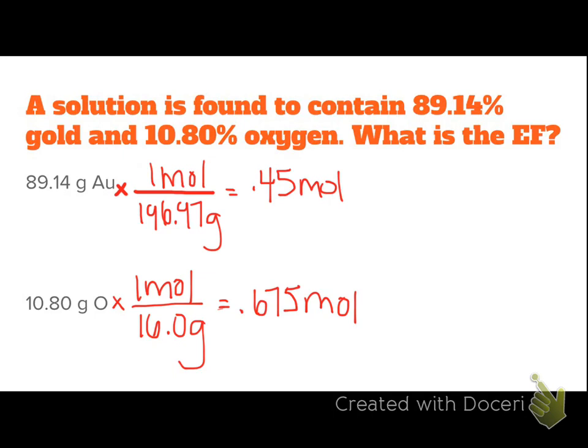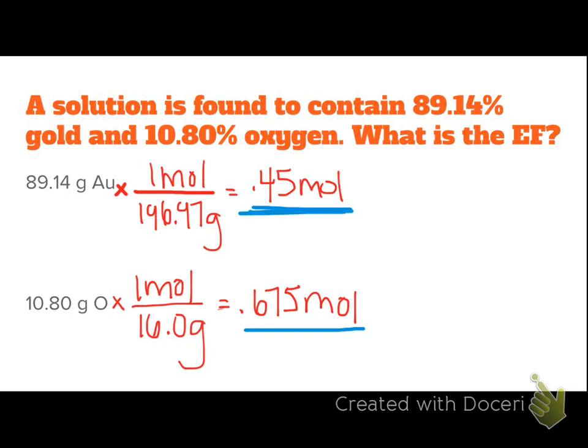Step 2, if you remember, is to divide by the lowest mole number. So what we're comparing is this number, the 0.45, with the 0.675. Which one's smaller? The 0.45.